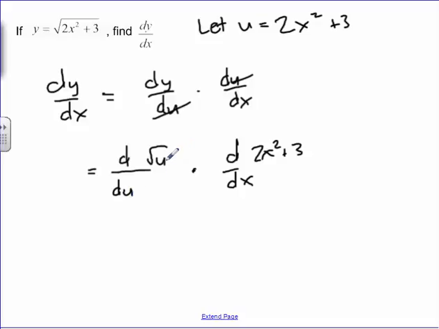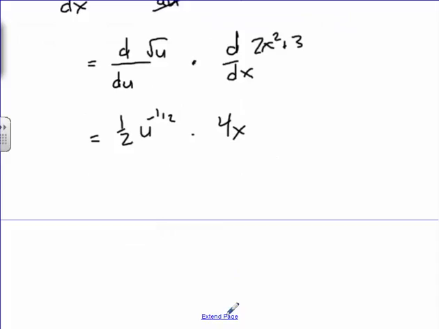U is your variable here, and x is your variable there. So when I derive this, the derivative of the square root of u is 1/2 u to the minus 1/2. And then we chain on the derivative of the baby, which is 4x. Now, at this point, we are done with our derivative symbols, but I do have to do one more thing.